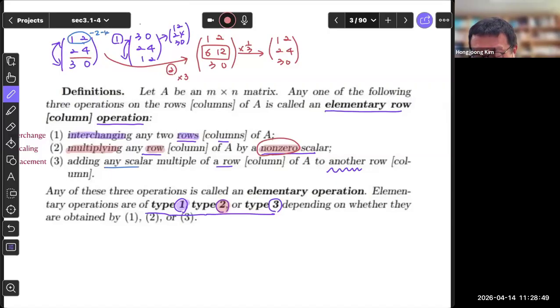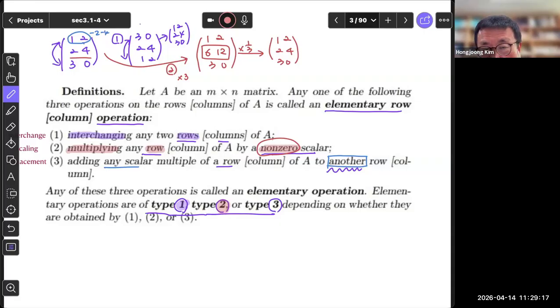Right? If I add these numbers to the second row, please remember that I'm adding that scalar multiple to another row. So when I multiply -2 to the first row to get -2 and -4, you never add this number to the first row because I'm adding this scalar multiple to another row.